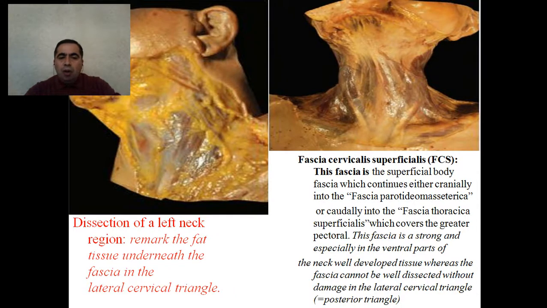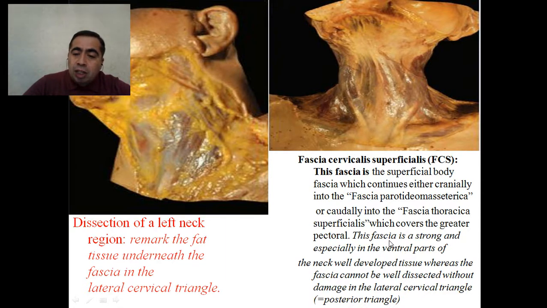In the section of the left neck region, remark the fat tissue underneath the fascia in the lateral cervical triangle, and the fascia cervicalis superficialis. The fascia is the superficial body fascia which continues either cranially into the fascia parotideomasseterica, because you have to know it can be a way of spreading of infection, or caudally into the fascia thoracica superficialis, which covers the greater pectoral muscle.